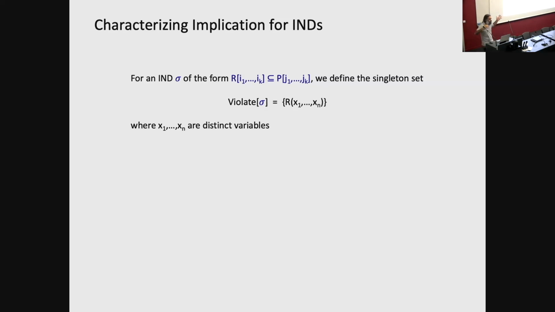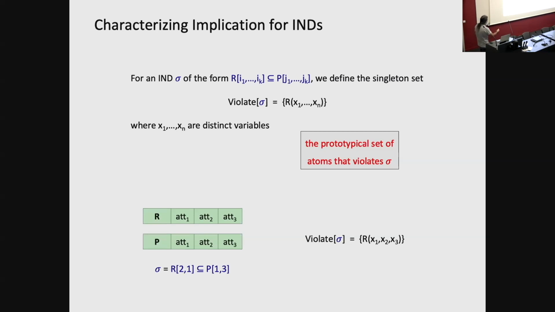This is the simplest set of atoms that you can think of that violates this inclusion dependency, because if I build that without repeating any variables, then I expect some P atom, which I don't have in there, of course. So this is the prototypical set of atoms that violates this inclusion dependency.